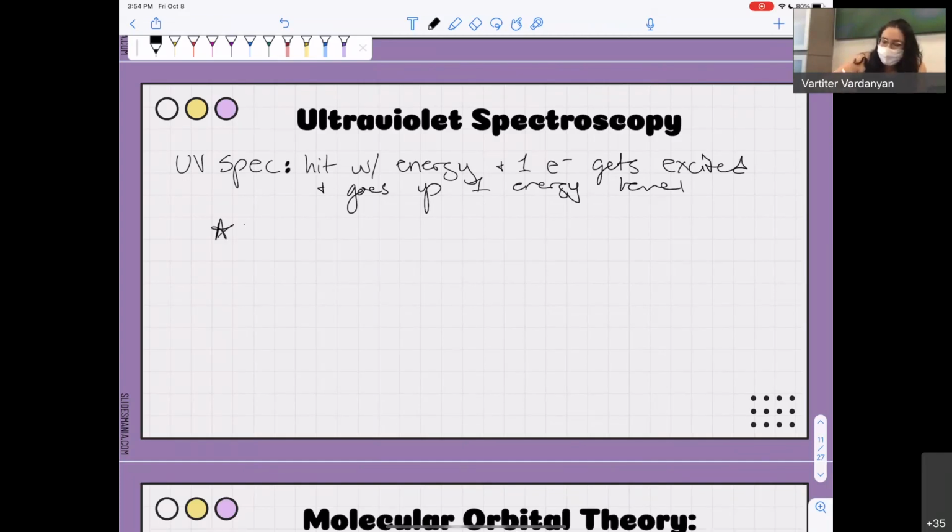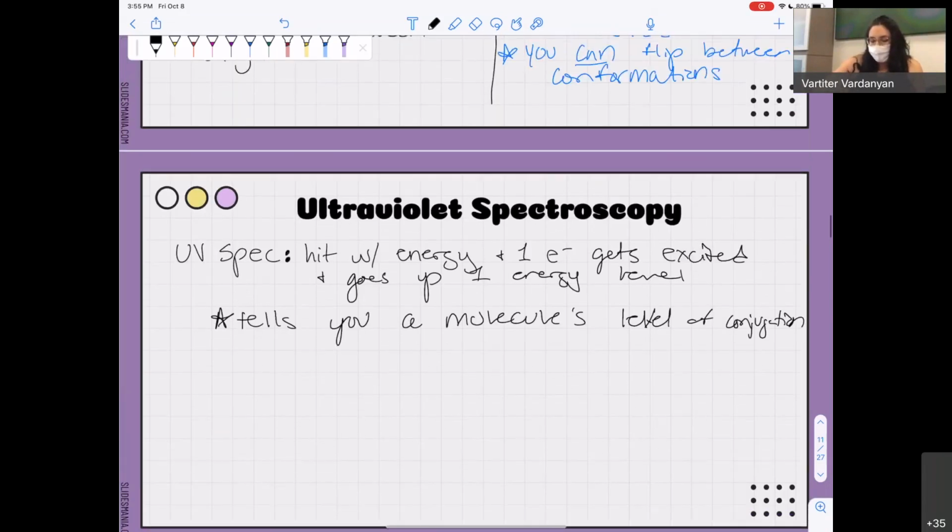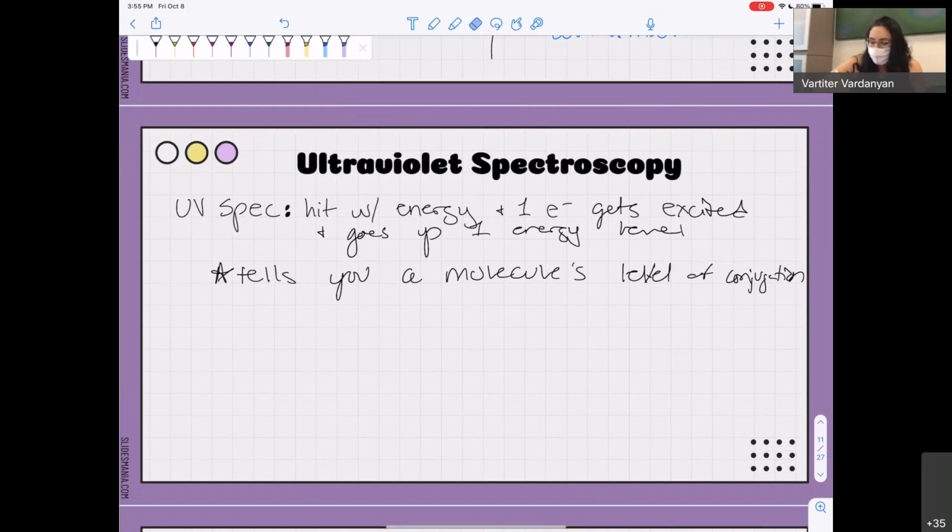So now what's the point? The point of UV spec is it tells you a molecule's level of conjugation. And the way it tells you that, I'm so sorry, the more conjugation we have, the lower energy we will have.